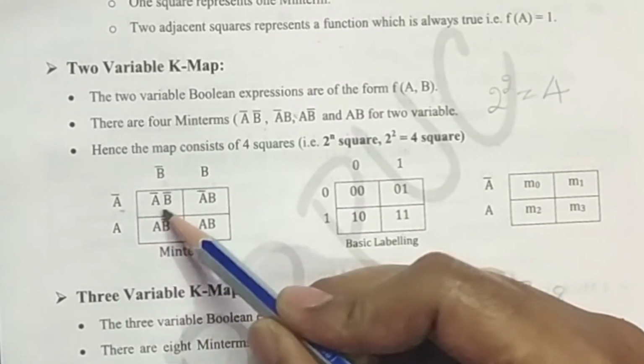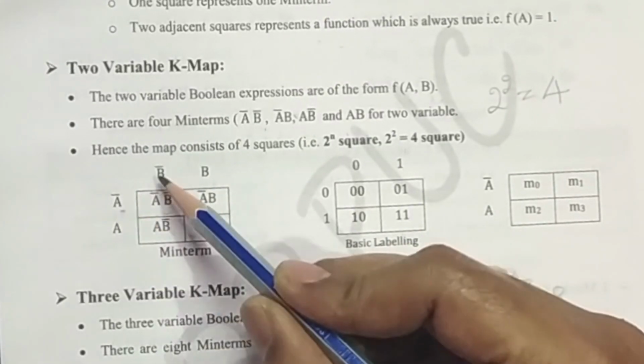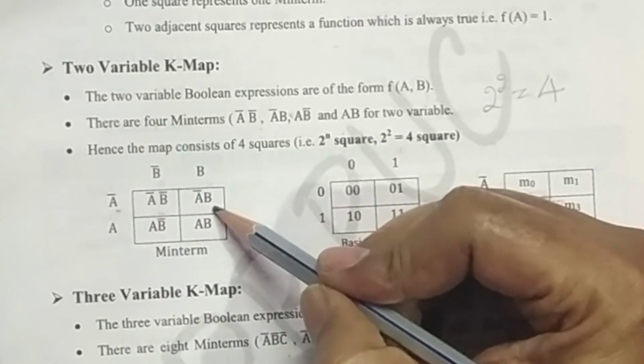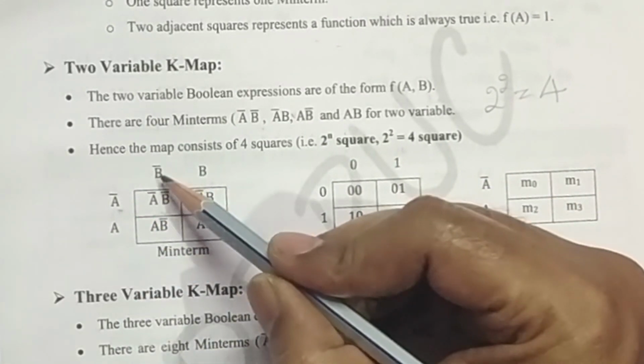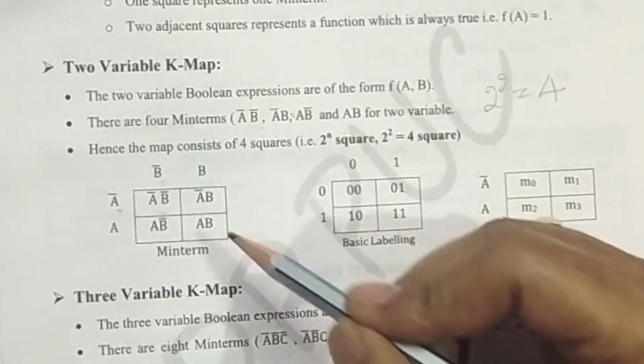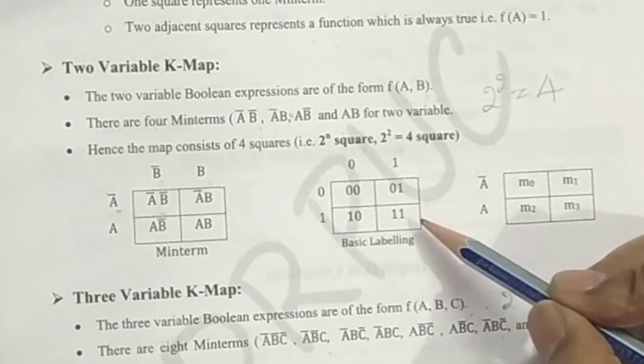So a bar b bar is 0 0, a bar b is 0 1, a b bar is 1 0, and a b is 1 1. In this way we are representing. You can see the basic labeling system: 0 0, 0 1, 1 0, 1 1.